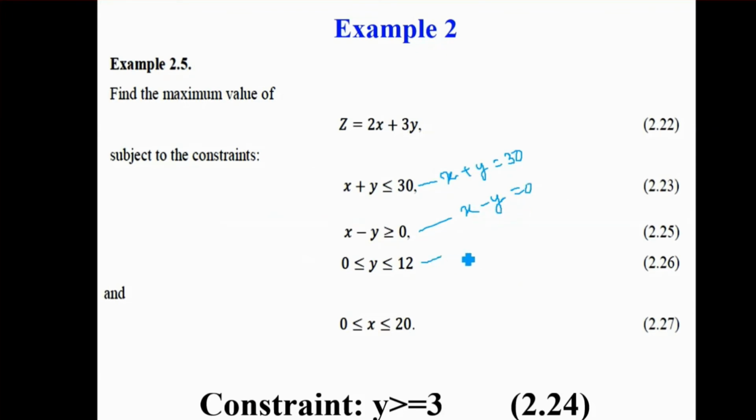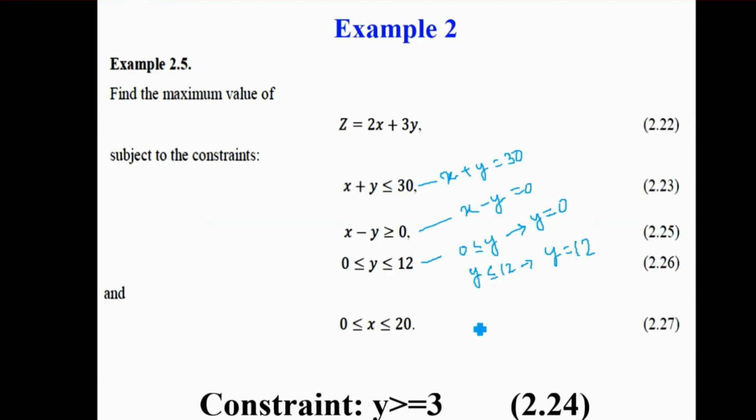From here what to do? One is 0 less than or equal to y. So from here we can write y equals 0, meaning y should be greater than 0. So accordingly we have to get the region. Another is y less than or equal to 12. So from here we can get y equals 12. So we have to see the region for this, meaning y value greater than 0 and then y value less than 12.